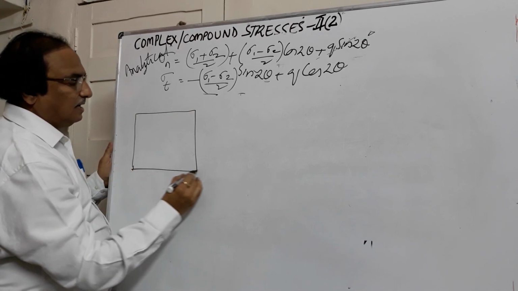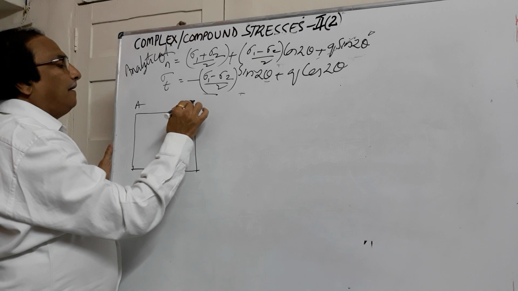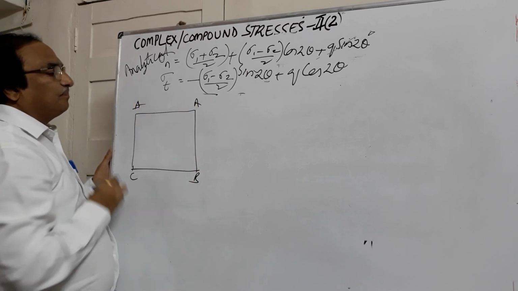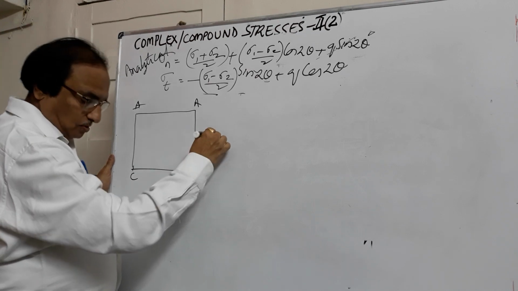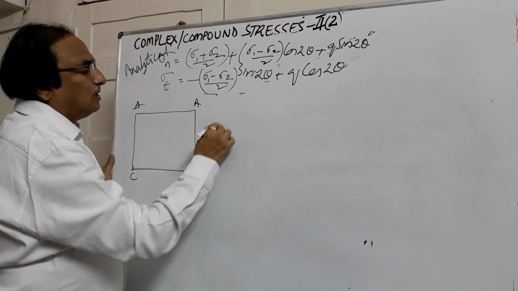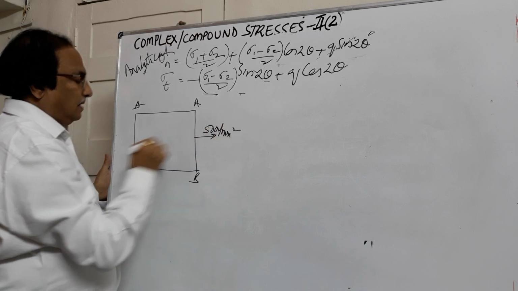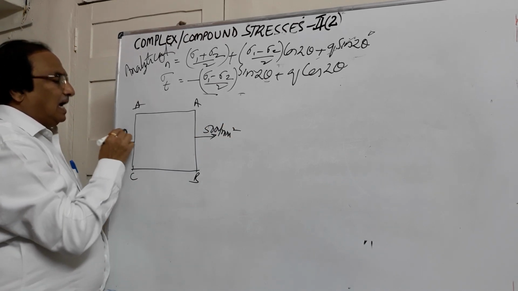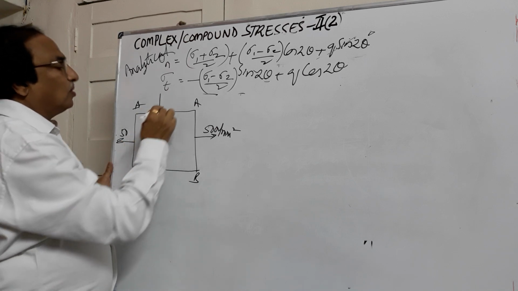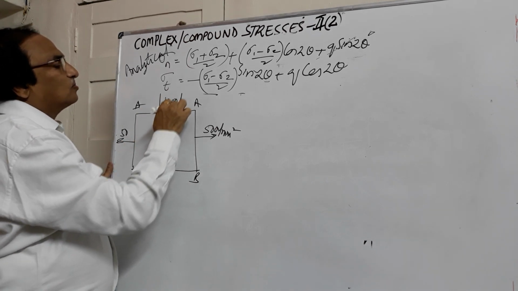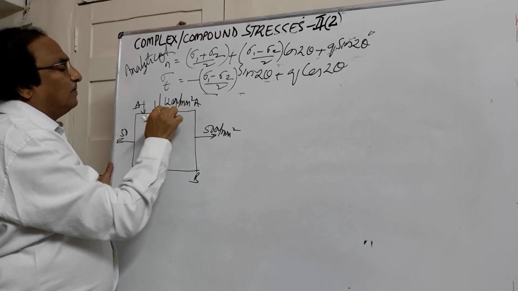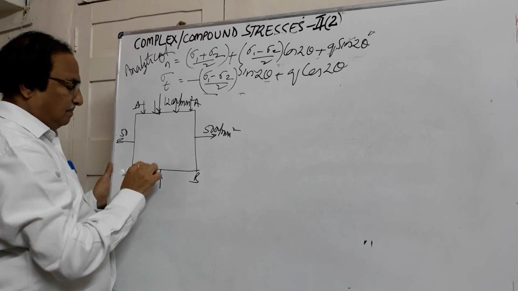Suppose I consider an element A, B, C and D. It is subjected to tensile stress of 50 Newton per mm square in x direction, and in y direction it is subjected to compressive stress of 120 Newton per mm square. I can show only one line or I can show a number of lines, but the thing remains the same.